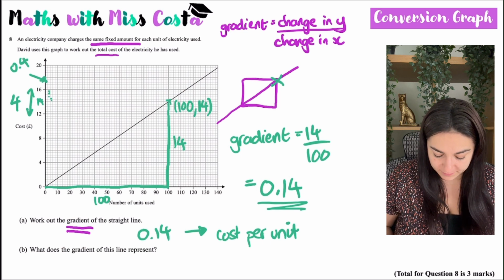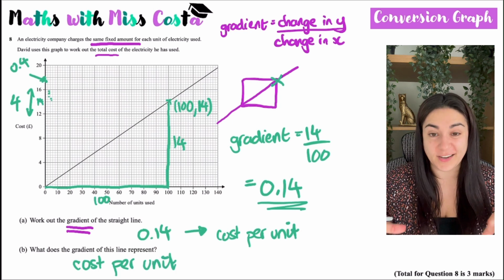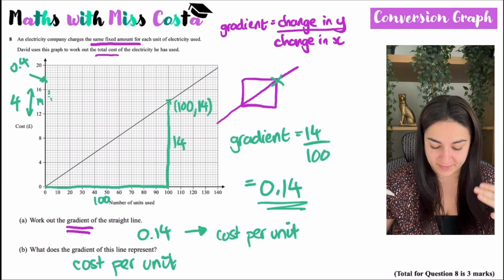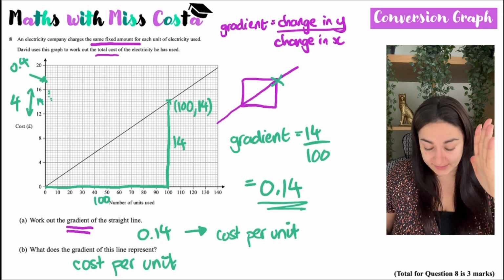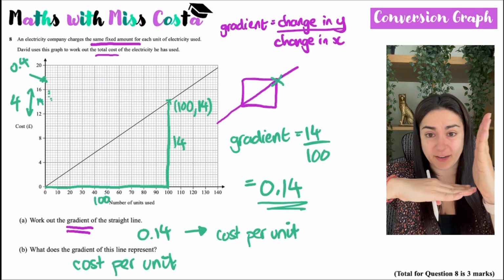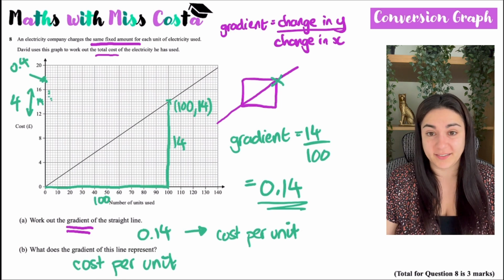So the gradient of the line represents the cost per unit. Each unit costs 14 pence, and that is what the gradient is telling me. Think about it contextually: the y-axis is the cost, the x-axis is the number of units used. So £14 divided by 100 would tell you how much 1 unit costs.